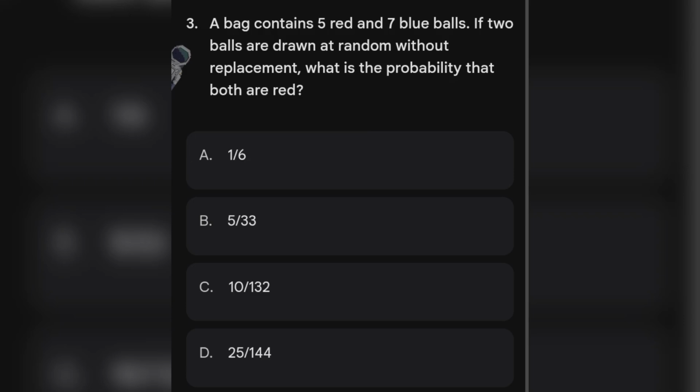A bag contains 5 red and 7 blue balls. If two balls are drawn at random without replacement, what is the probability that both are red?